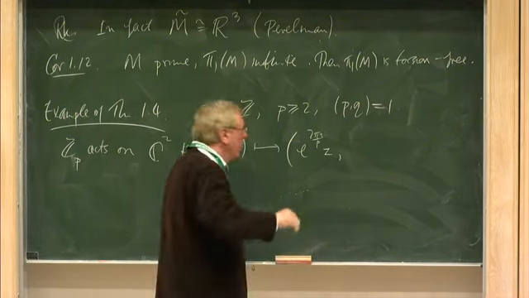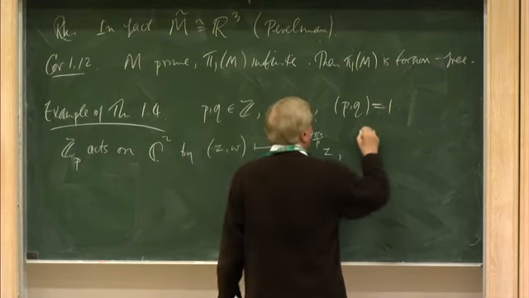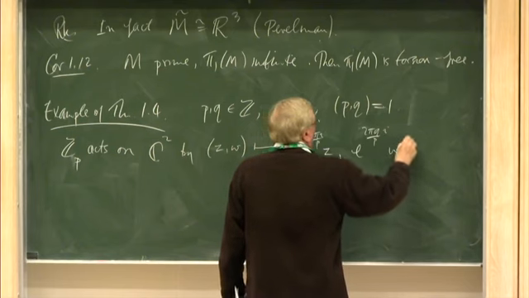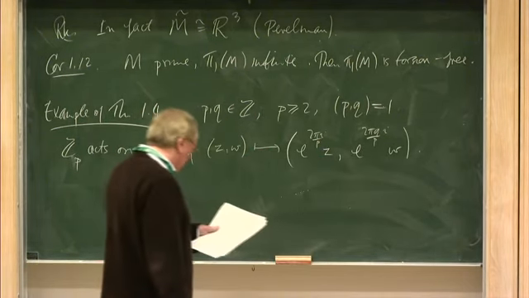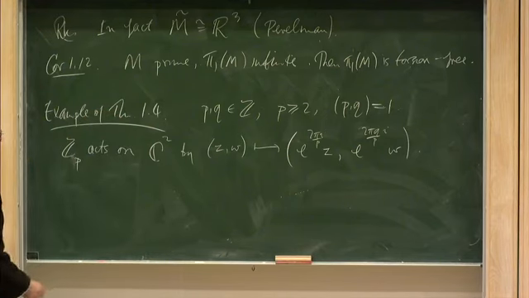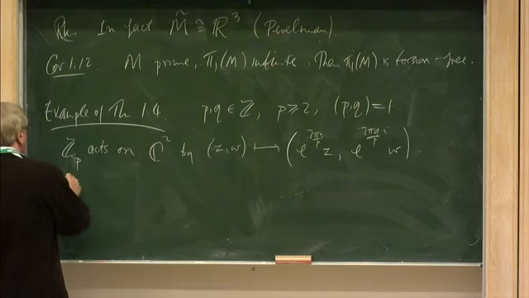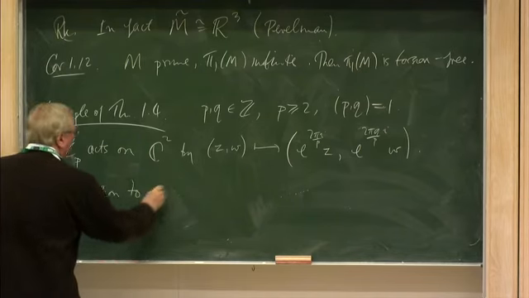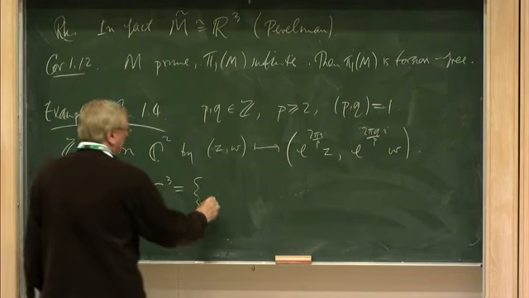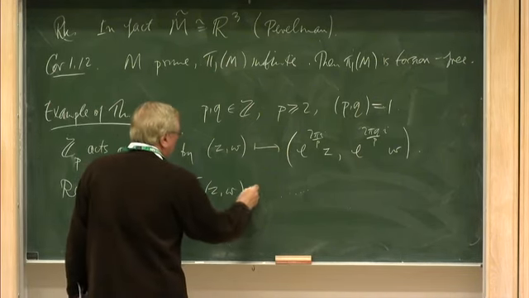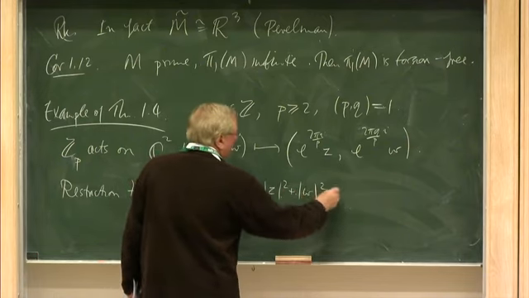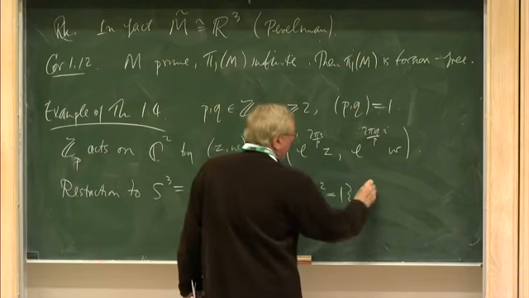And the second copy through 2 pi Q over P. And of course, this is not a free action, since it fixes the origin. But its restriction to S3, the unit sphere, is free.